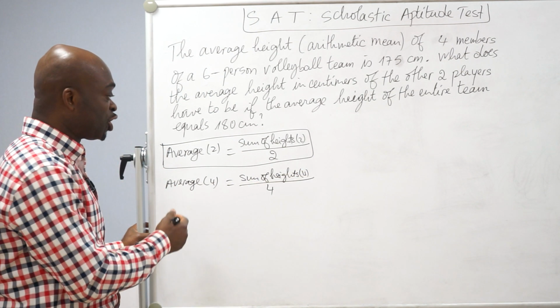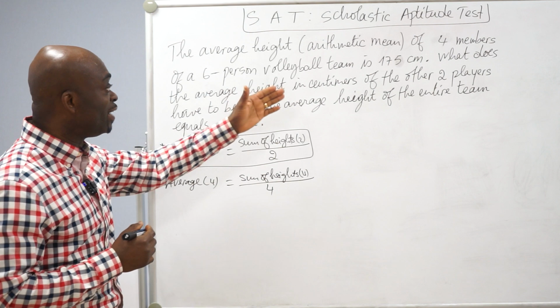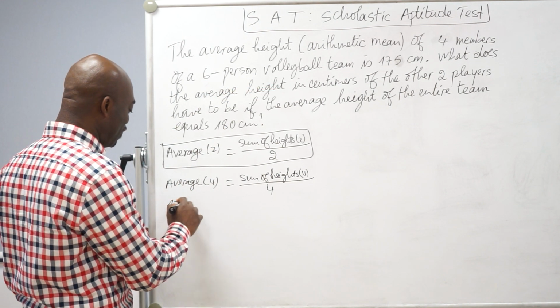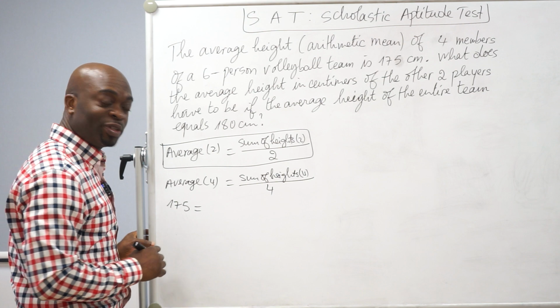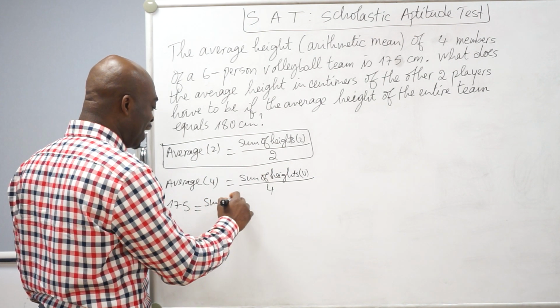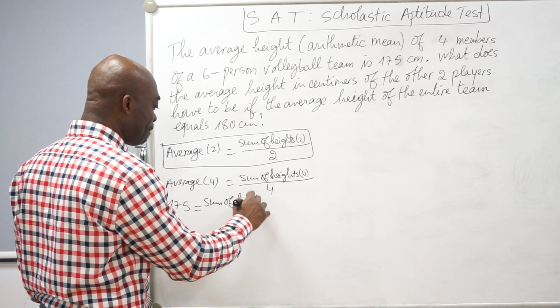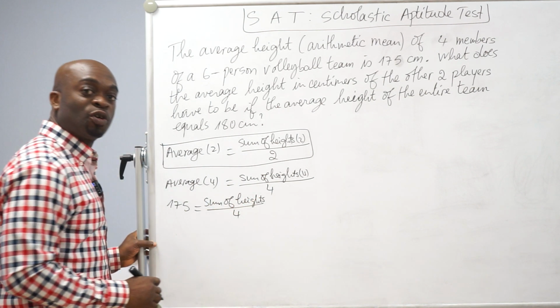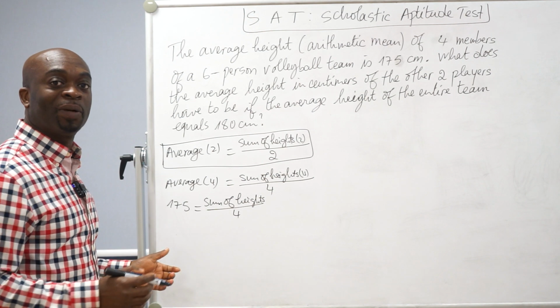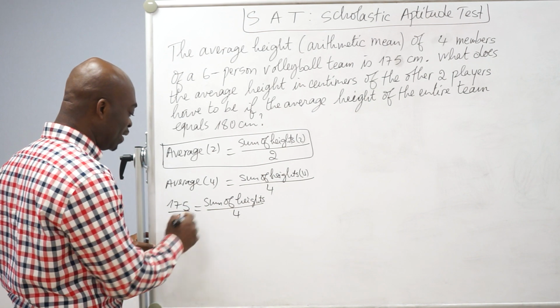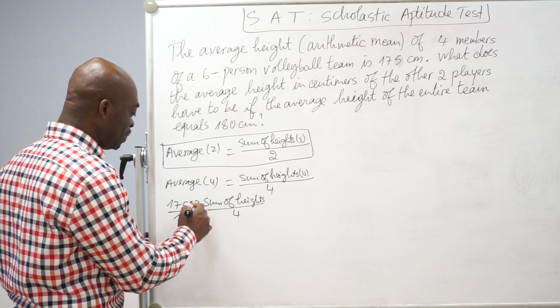Now we can substitute, because we know the average is 175 centimeters, equal to the sum of their height divided by 4. So what can we do? We can just cross multiply. That's the easiest operation to do here.